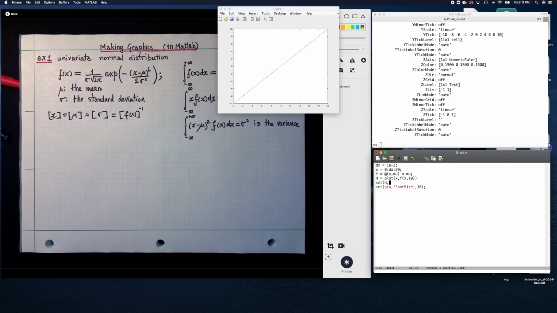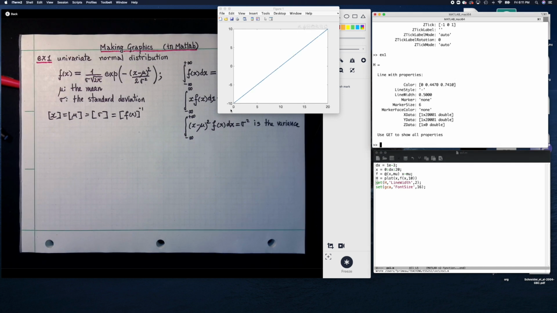Set h line width 2. So let's run that. ex1. So now I have a thick line and bigger numbers. I guess some other things I could do to make it nicer is add an x label and a y label. So xlabel is x and ylabel is f of x.